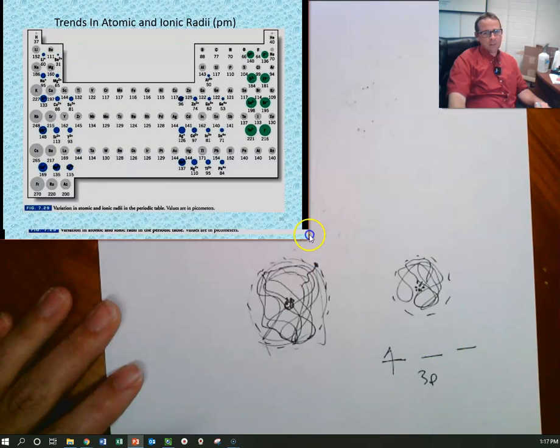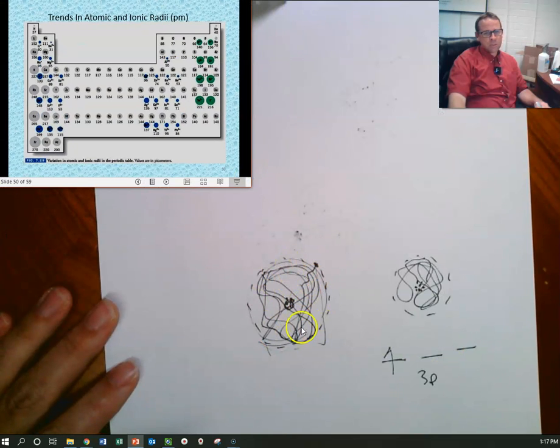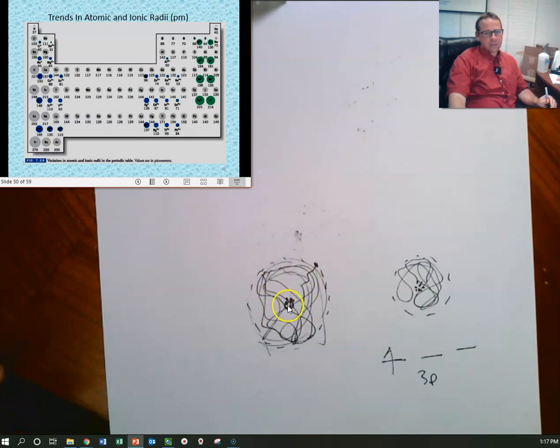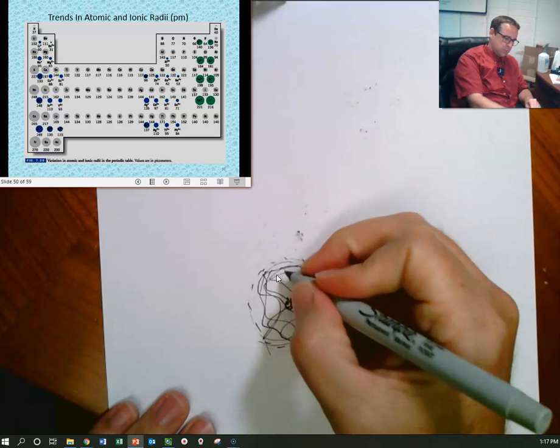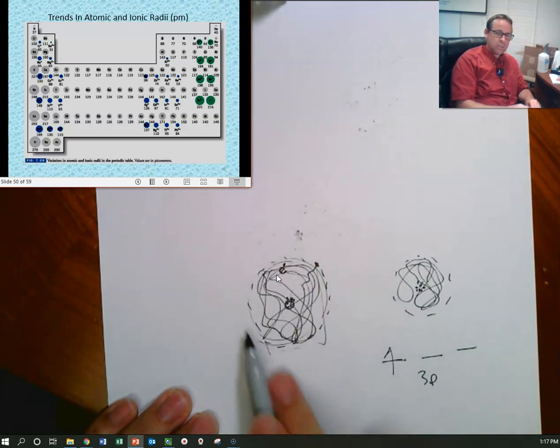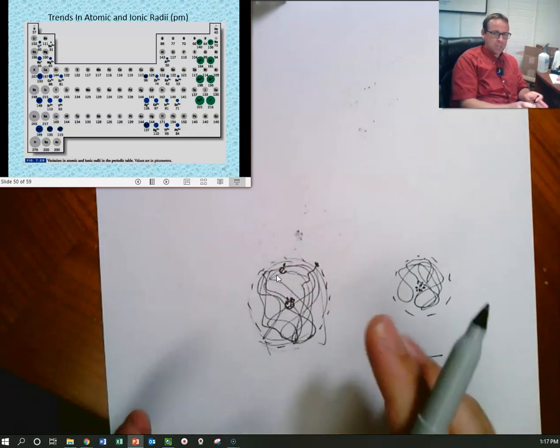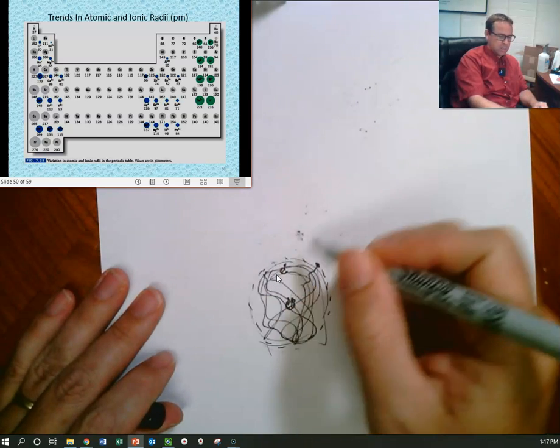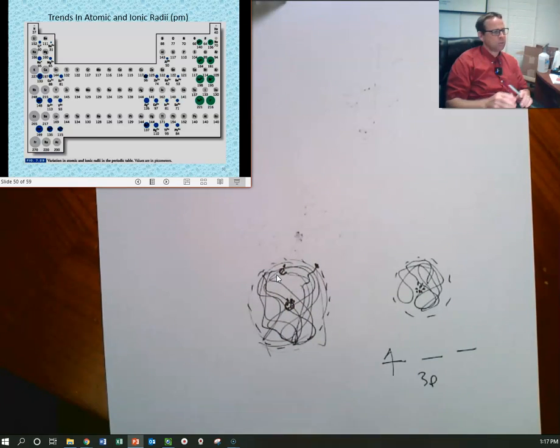As you would suspect, if you take this situation and add another child, what do you guys think? Would that increase or decrease the space that that family would take as they walk through the mall, Nikki? It would increase.